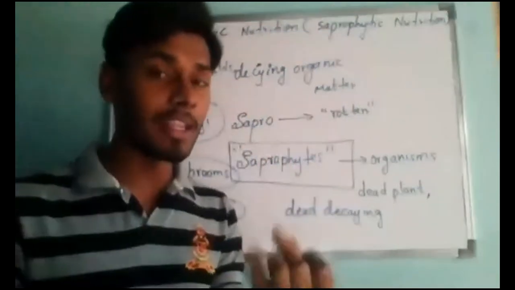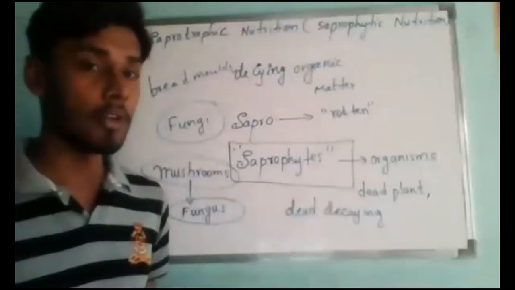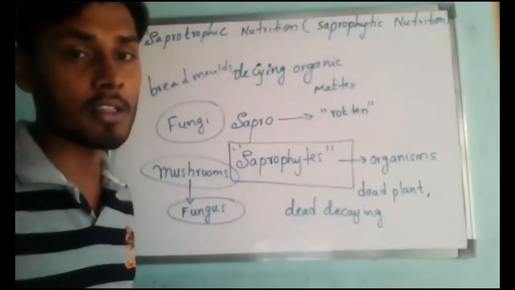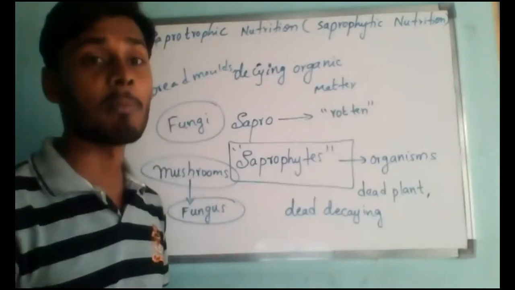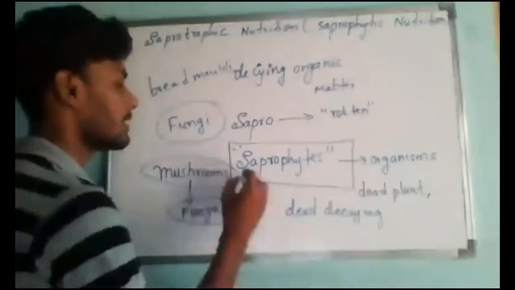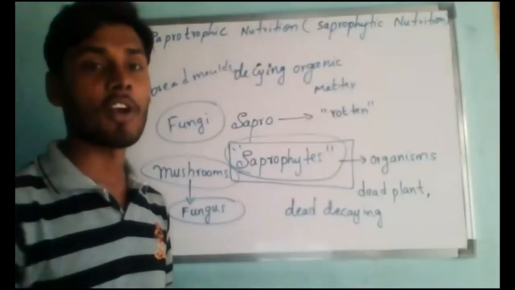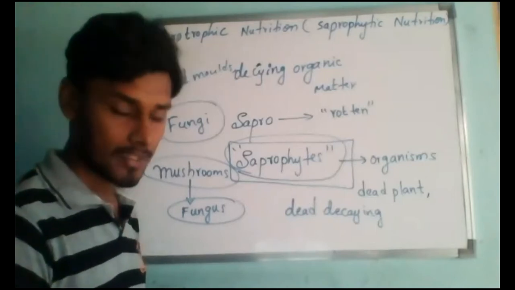It is all decomposed, eaten by the many kinds of bacteria present inside the soil. That is why fungi like bread molds, mushrooms, yeast, and many bacteria are saprophytes.